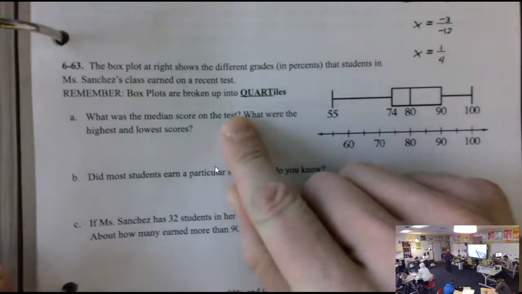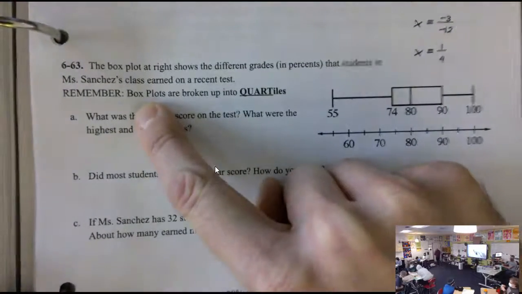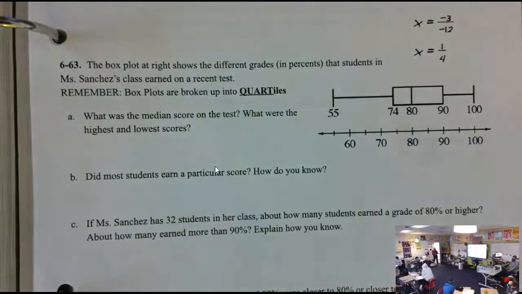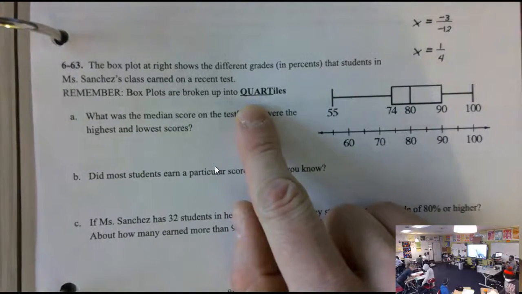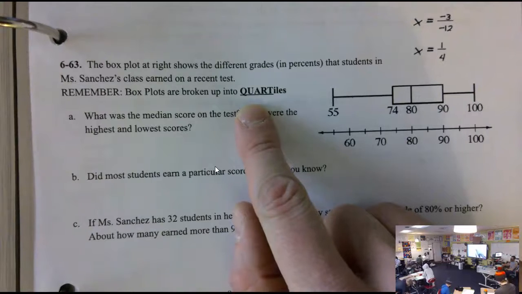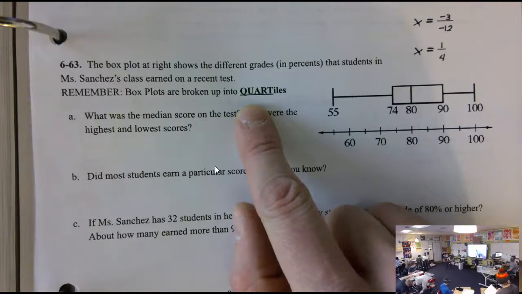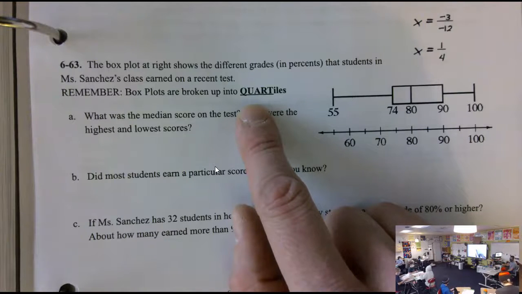All right, box plots. Ooh, you guys are quick. Box plots are broken up into quartiles. What's a quartile? I believe I already admitted this in this class, but if I didn't, I was far too old when I realized a quart of milk was 1/4 of a gallon.